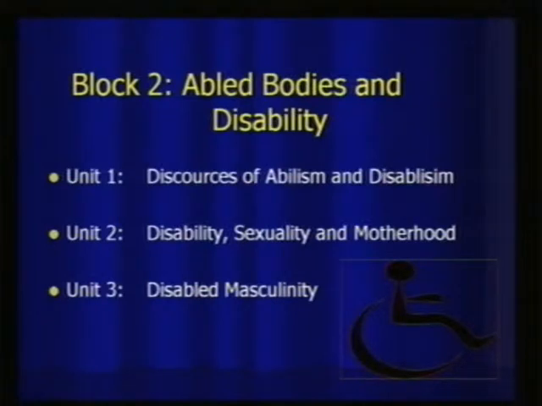Unit 3 is on disabled masculinity. This unit is talking about how we define masculinity, particularly hegemonic masculinity. Hegemonic masculinity is seen as a standard to achieve by other men. Some characteristics, as I discussed earlier with you, are self-reliance, aggression, strength, power, drive, ambition.